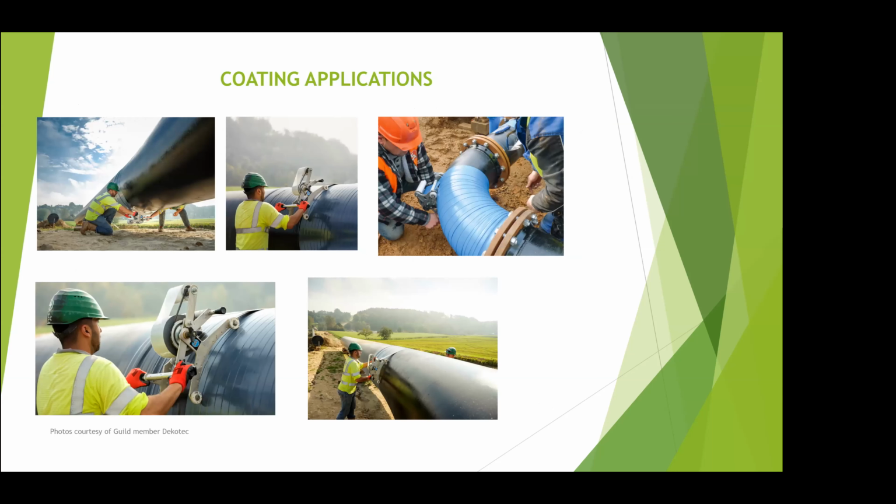These are some photos of modern pipe coatings which are applied before the pipe goes in the ditch, and you can see the kind of tools and materials that are used and how easy it is to apply above ground. Imagine if you have to do that in a trench, not so easy.